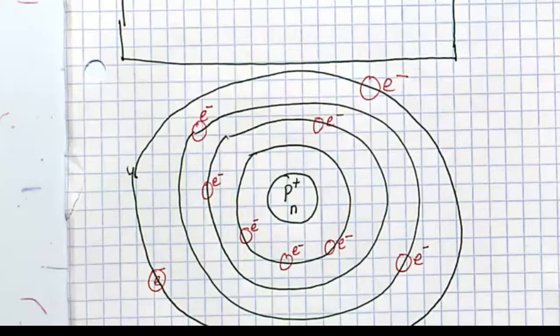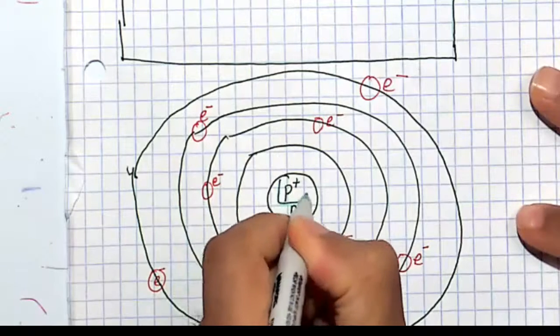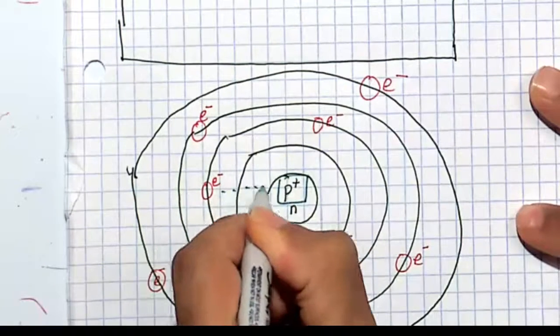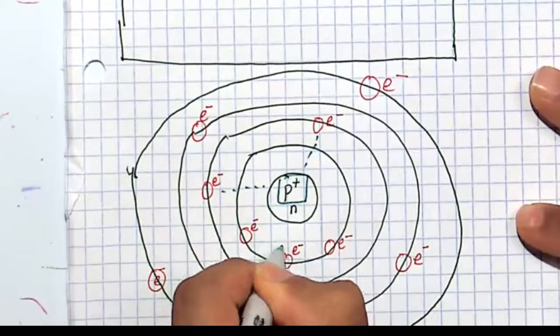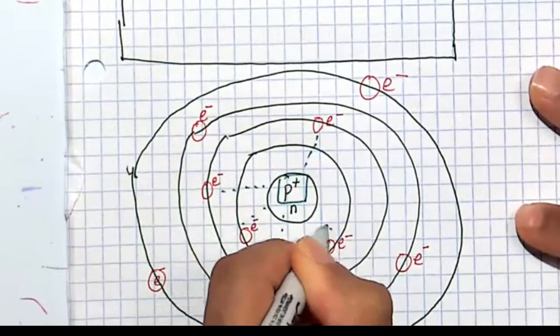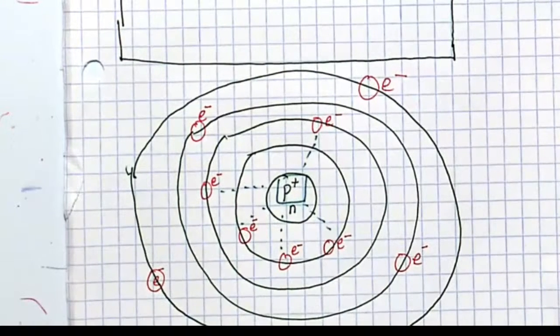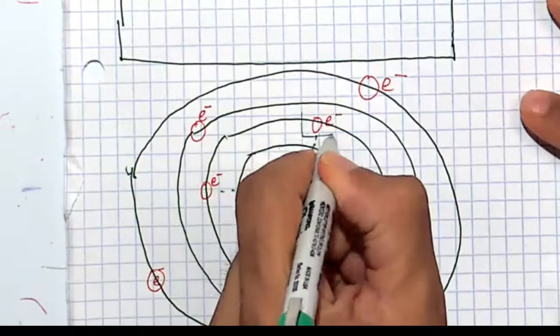So effective nuclear charge basically states that the protons, which are positively charged, are going to really attract the electrons, right? Because positive will attract negative. The positively charged protons, the atomic number of the element, will attract the negatively charged electrons. But really the attraction is more towards the core electrons.